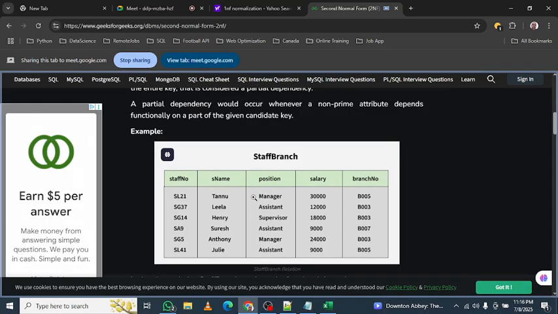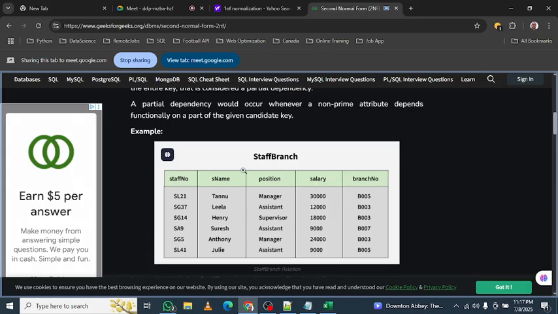If you look at our student table, we have Student ID, that's the first column, first name, last name, date of birth, phone number, email.